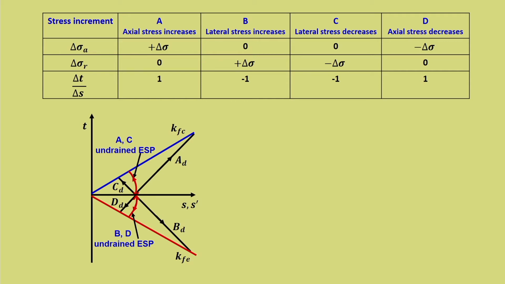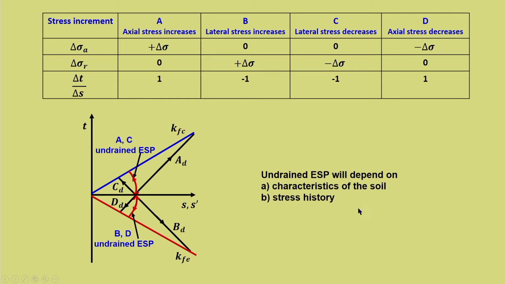depending upon the A value, you can decide in which direction the effective stress path goes. So, the undrained stress path will depend on the characteristics of the soil, stress history, and the manner in which the stress changes. All these govern the A value, and hence that gives you an appropriate effective stress path.